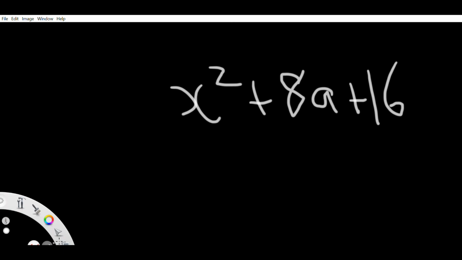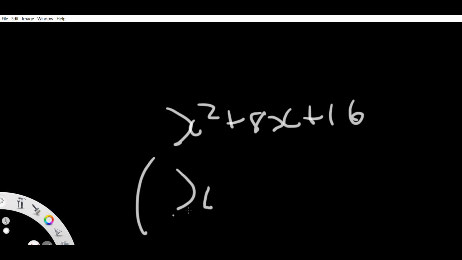Here we can see that x has to be the first term, and then what times 2 gives 8x? Well, it's 4. So it would be x plus 4 squared, because 4 into 4 is 16, 4x into 2 is 8x, and x squared is x squared.